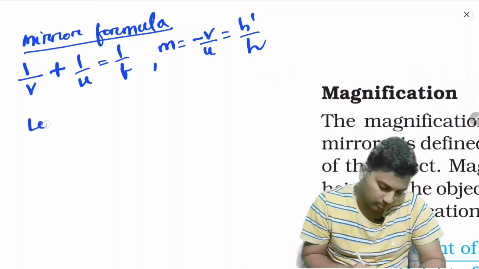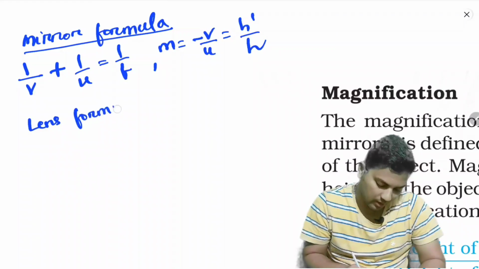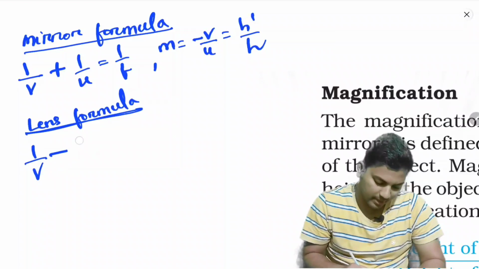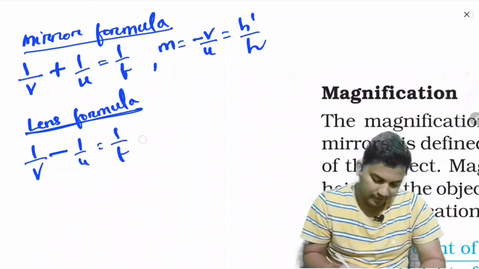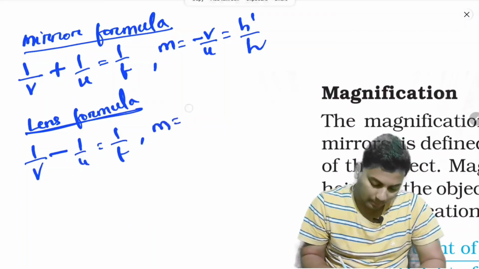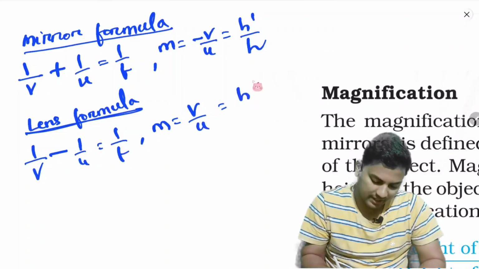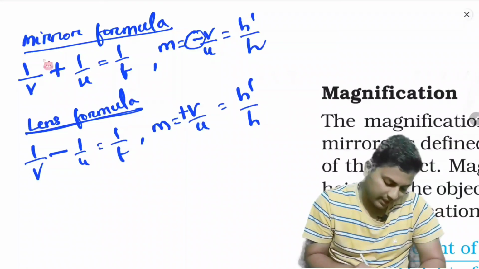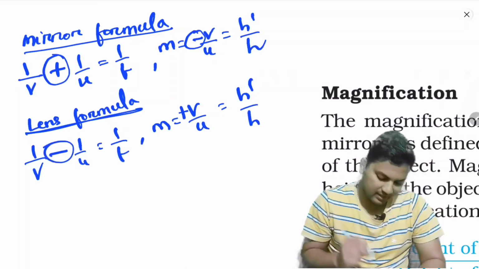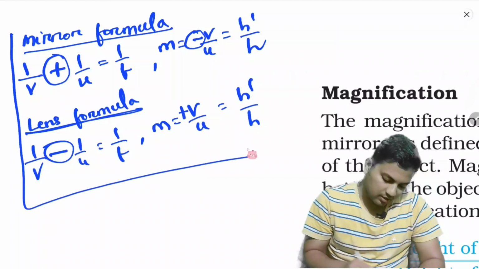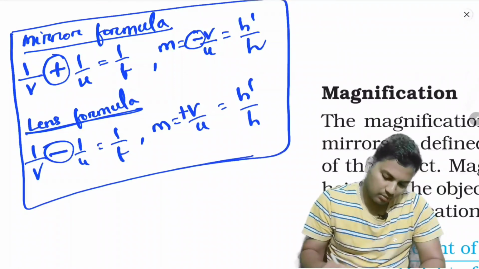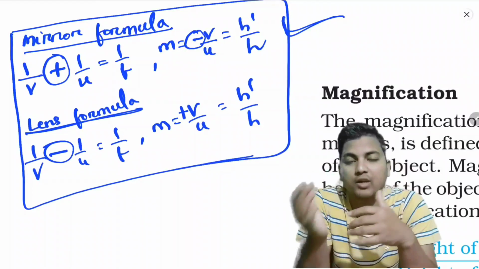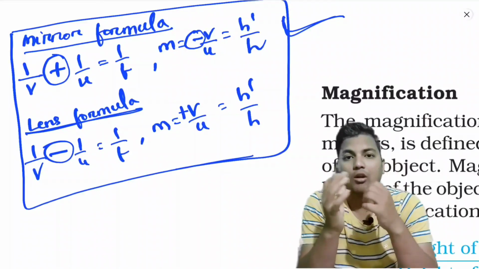But in the lens formula we will see that 1 by v minus 1 by u equal to 1 by f, and m is equal to v by u, equal to h dash by h. Only the sign is changed: here it is plus and here the plus sign is changed to minus. Clear? This is the mirror formula and the lens formula which you need to memorize perfectly, so that it can be used when we solve a lot more questions.